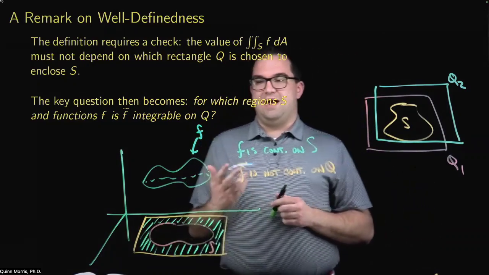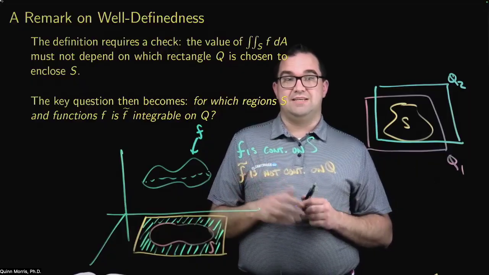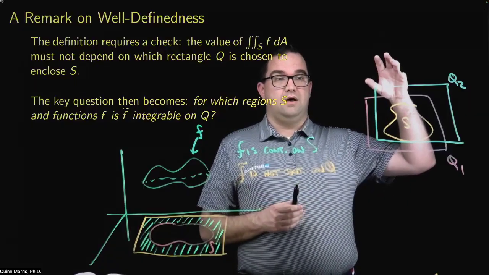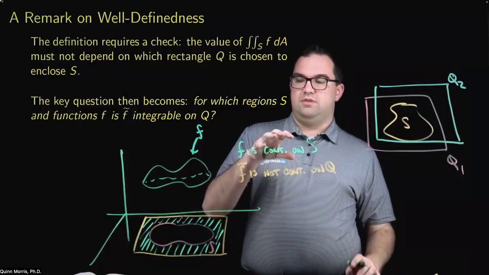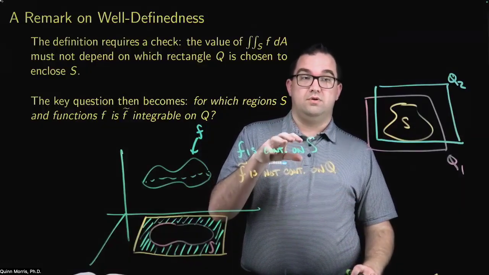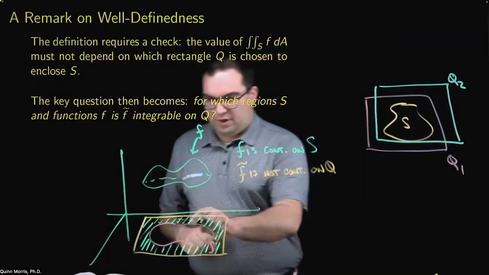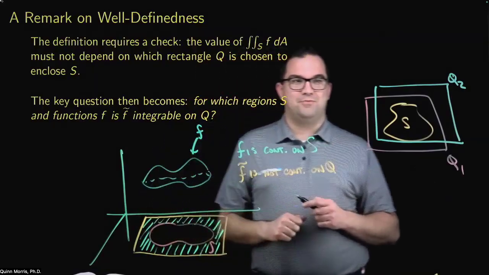So f tilde is continuous on the interior of S, and on the interior of Q delete S. The question is really what happens along the boundary right here.